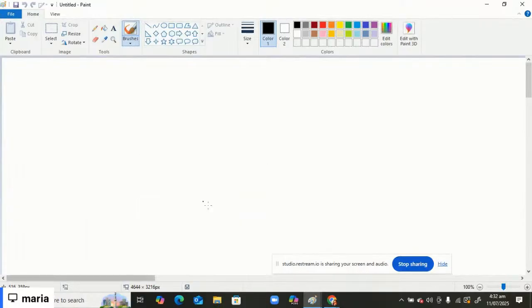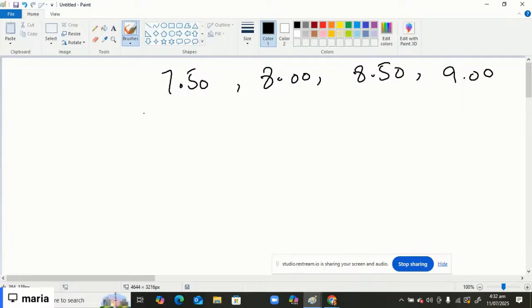So here I'm going to write it, like 7.50, then 8.00, then 8.50, then 9.00. So what are the previous ones? It's 7.00, then 6.50, then 7, 7.50, then 8. In this way the number sequence moves.